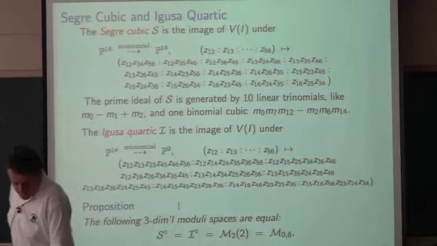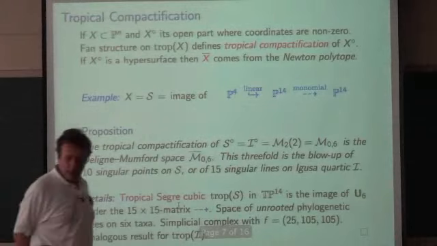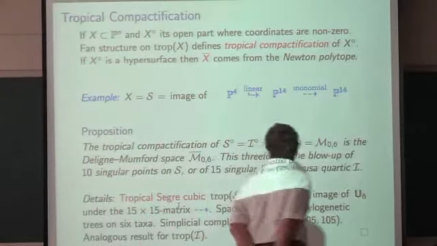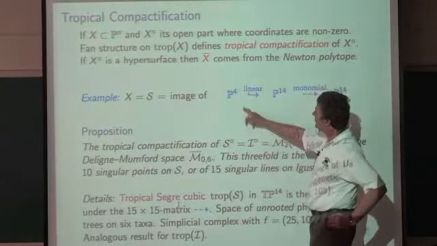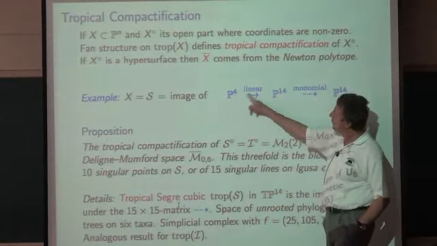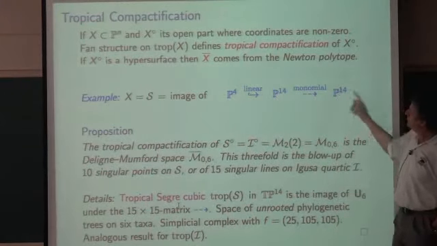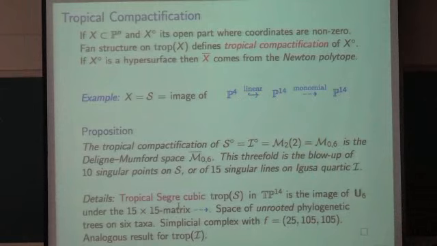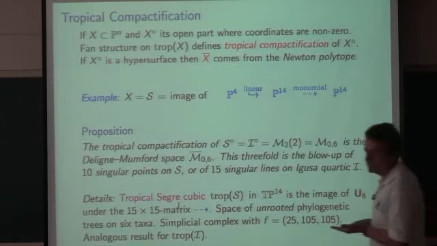Well, now we can tropicalize them, right? So for example, the Segre, we have a linear map from P4 to P14 followed by this monomial map. Now one reason you will want to tropicalize is because the tropicalization automatically gives you a compactification.